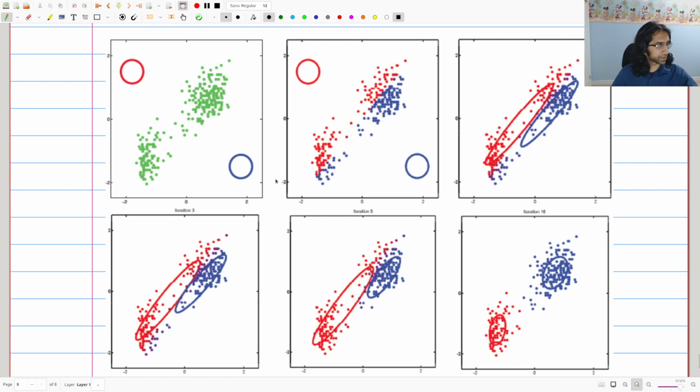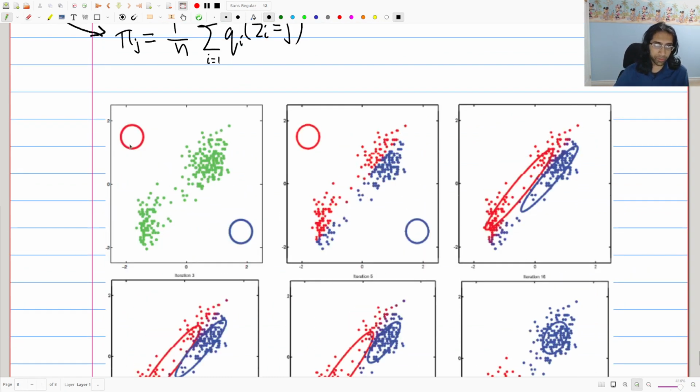Here is the picture of what the algorithm might look like. Initially, we initialize the parameters, the means and the variances somehow, perhaps just starting over here. What we do first is compute the belongings to these different components. Again, it's fractional, but in the picture it's just drawn as red and blue, binarily.